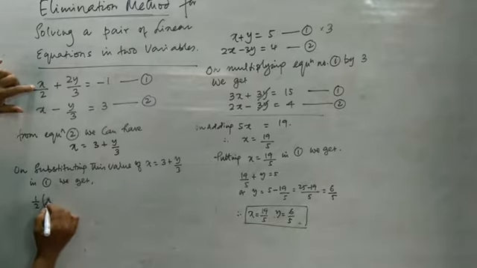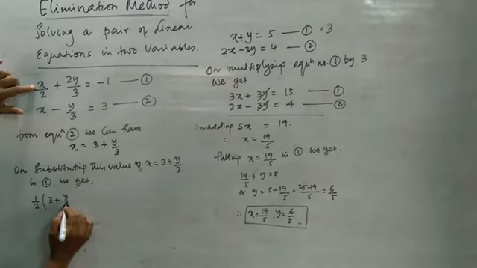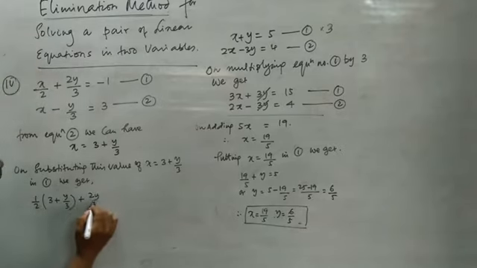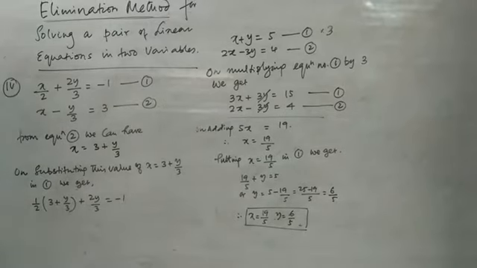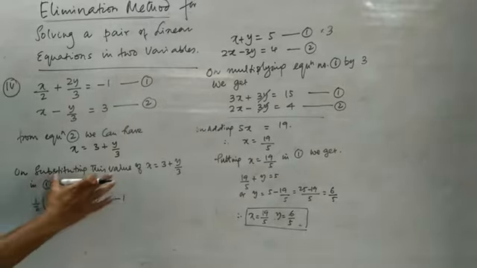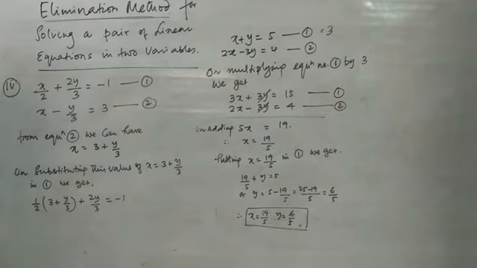In place of x we will write 3 plus y by 3, plus 2y by 3 is equal to minus 1. Students, see here, after doing this substitution, we get a linear equation in one variable with one unknown, and that can easily be solved by the method of transposition.